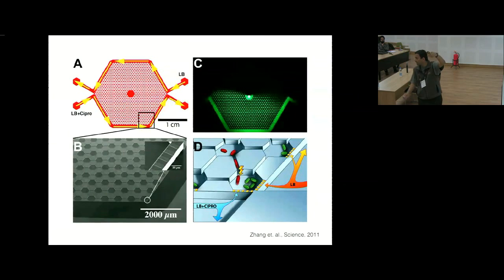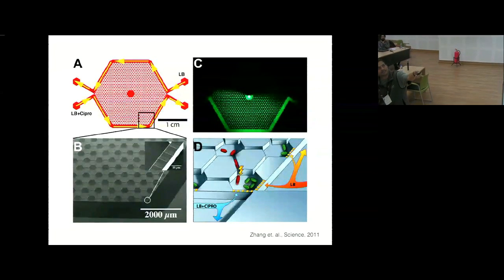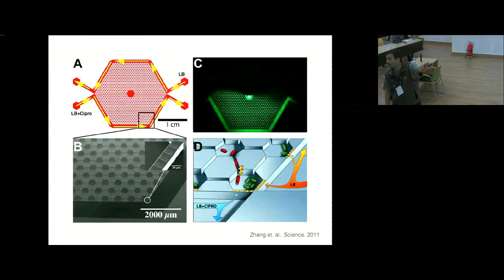So you're creating a gradient of both antibiotic and food. Okay? So this is antibiotic plus food, and that is the food coming from the top. Yeah. So there's a gradient. So there's more food here, less food here, more antibiotic here, less antibiotic.